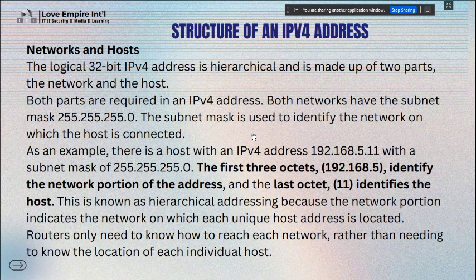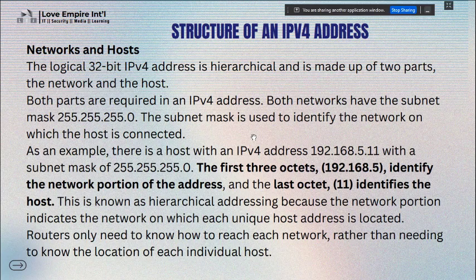So if your subnet mask is 255.255.255.0, that means the first 3 octets. Are you following? I already explained what an octet is. The first 3 octets represent your network, while the last octet, which is this 0, represents the host.